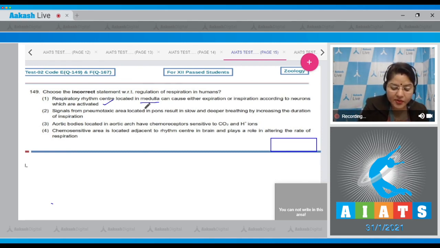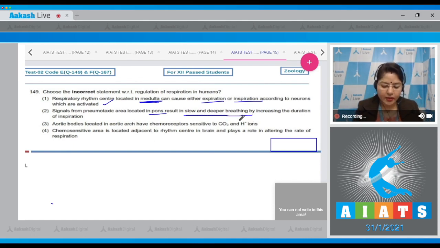Respiratory rhythm center is present in medulla oblongata, and in this center, two group of neurons are present, dorsal group of neurons and ventral group of neurons, and they can cause either expiration or inspiration according to neurons which are activated.